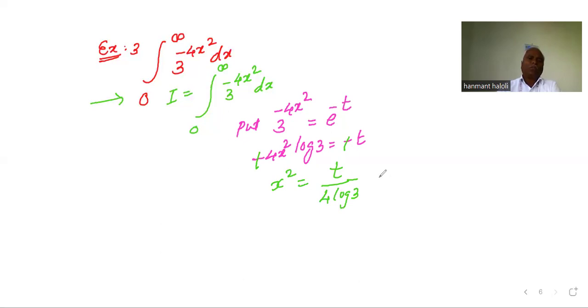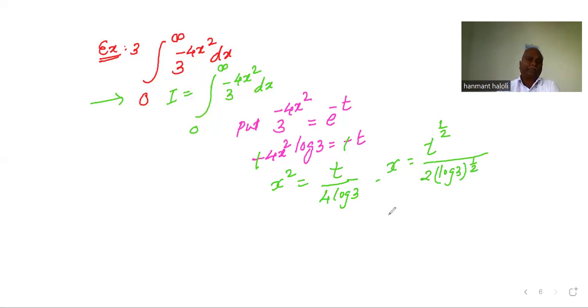Therefore, taking the root on both sides, x equals t raised to 1 by 2, root of 4 is 2, into log 3 raised to 1 by 2.